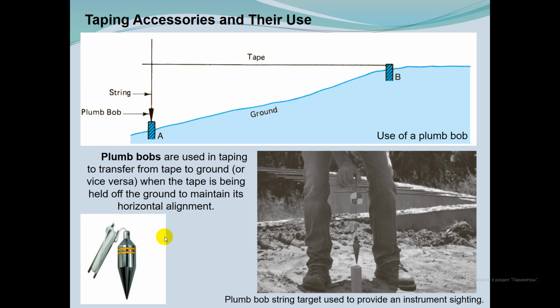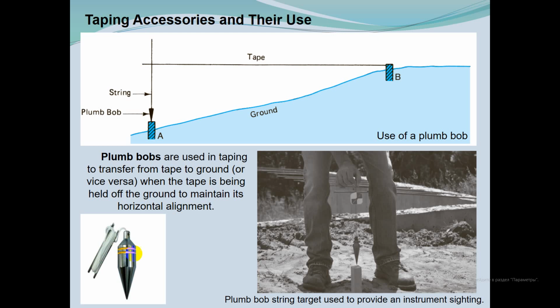The next very useful and widely used instrument in surveying is the plumb bob. Plumb bobs are normally made of brass and weigh from 8 to 18 ounces, widely used with 10 and 12 ounce.